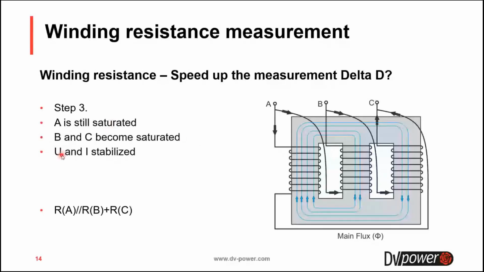We get voltage and current stabilized, and after some time we get resistance RA in parallel with RB plus RC.